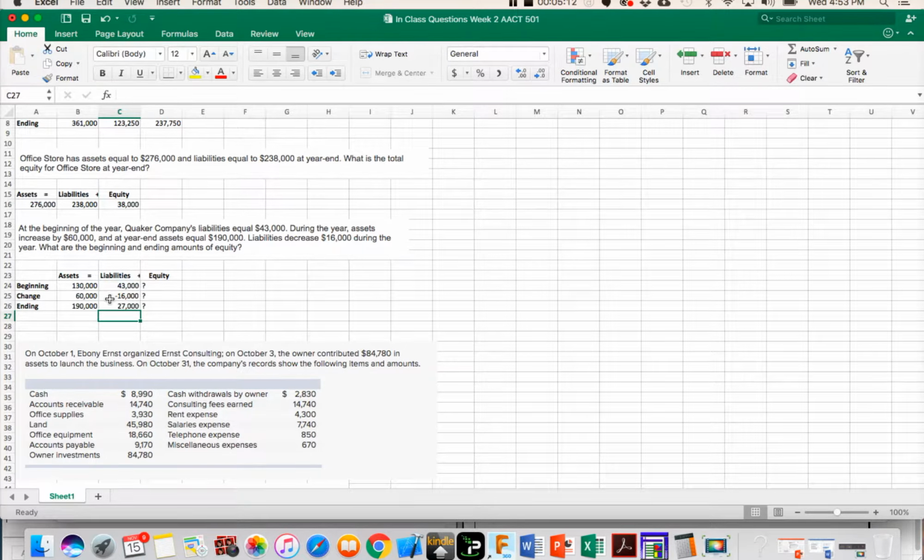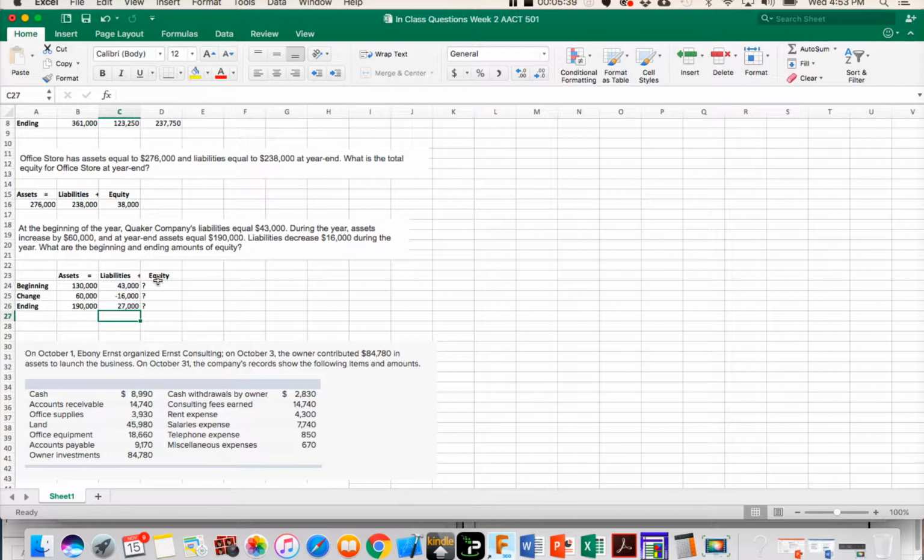I guess I should have mentioned this before, but I just plugged the givens from the word problems into these little tables for a better idea as to what we're actually looking at in terms of the basic accounting equation and how to solve that. So that's how I got to this format from these words.